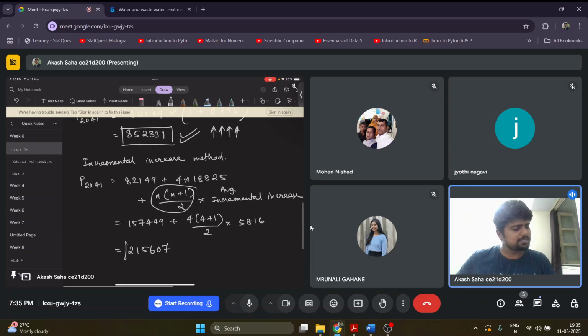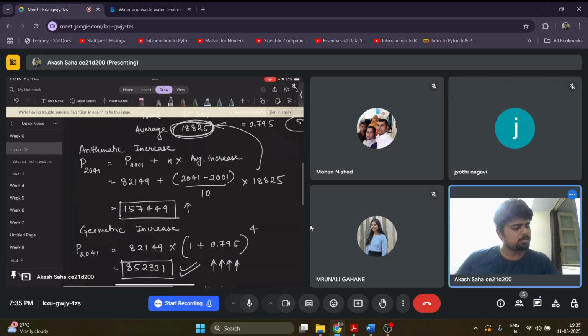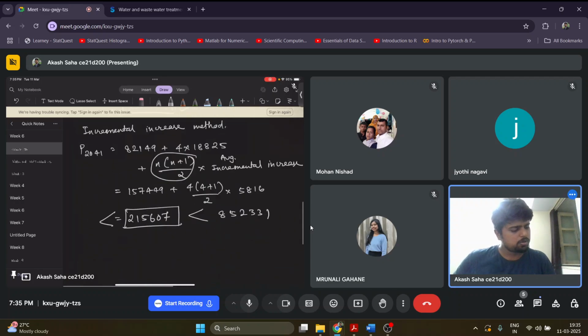So this value you can see is in between 852331 and larger than 157,449. So this is in between the two. So that's how the forecasting methods are.